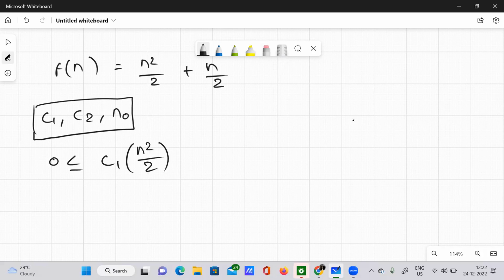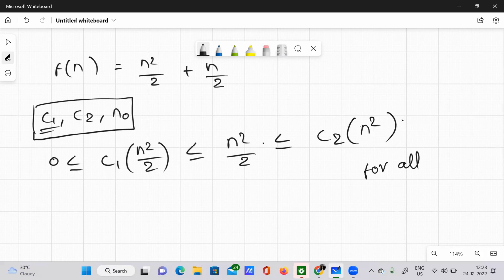C1 is the first constant term here, less than or equal to n square by 2 less than or equal to C2 into n square. Here also, for all n greater than or equal to n0, this would be the condition.